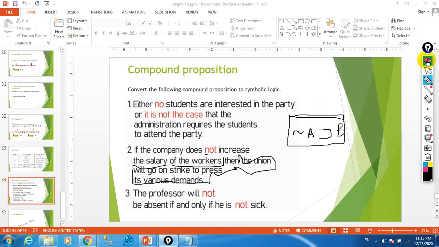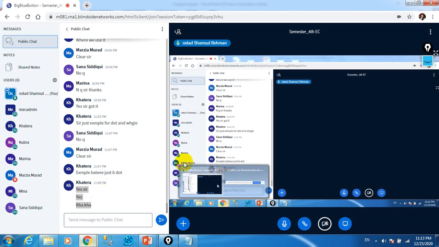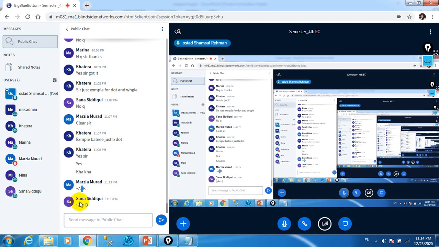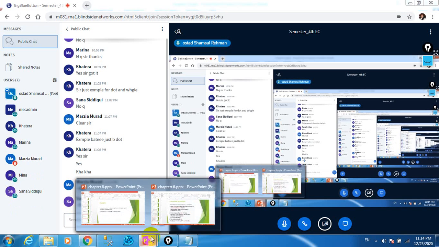Tilde A, and then we have triple bar, B. Tilde A triple bar tilde B. Let me check.